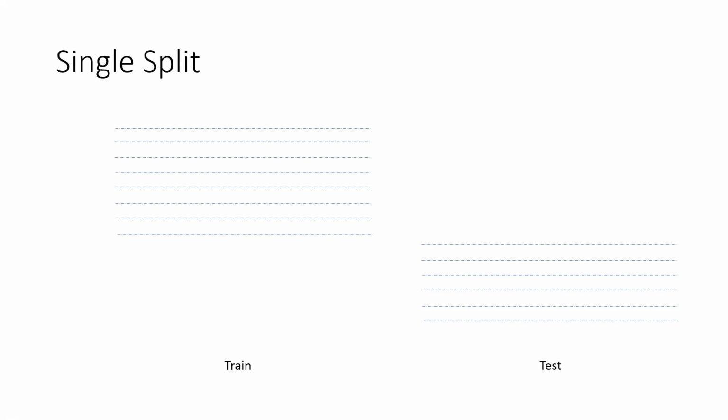So is this a good approach? No. And why is it not a good approach? Because this is highly unreliable. And what do I mean by unreliable? Because you are only making one split of the data. Now that split could be a very good split. It could be a very bad split. So you may end up having very good results on your test set. You may end up having very bad results on your test set, right? This is just one split.